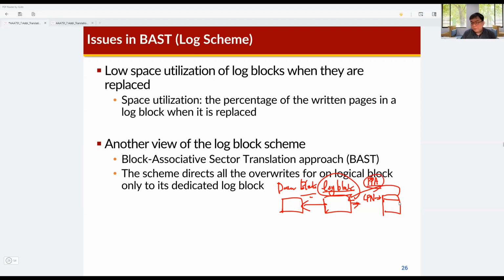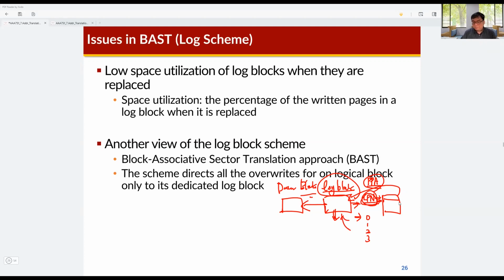So that means inside of the log block, only a limited number of logical page numbers are assigned. For example, if this data block and the log block have only 4 pages, then we can assign only logical page numbers 0, 1, 2, 3 for this log block.